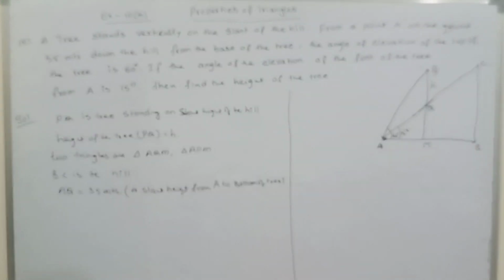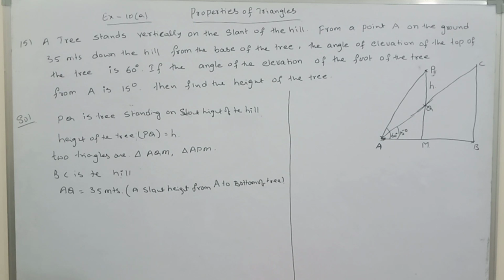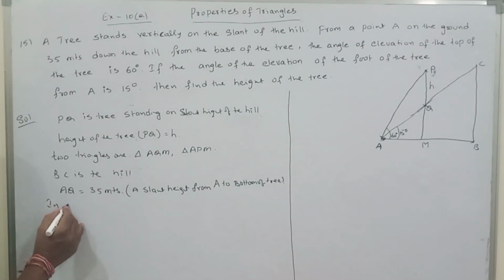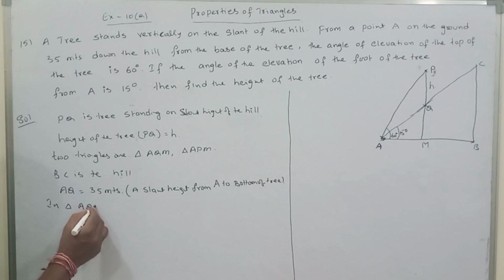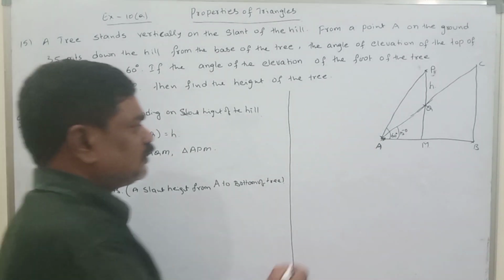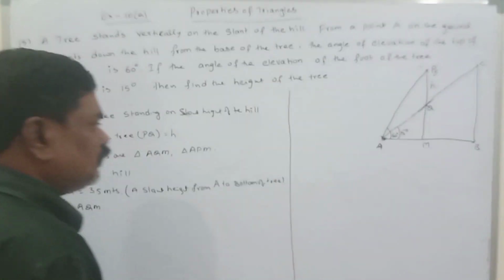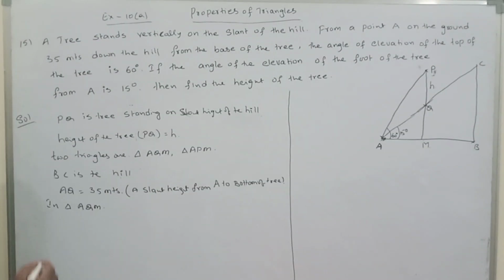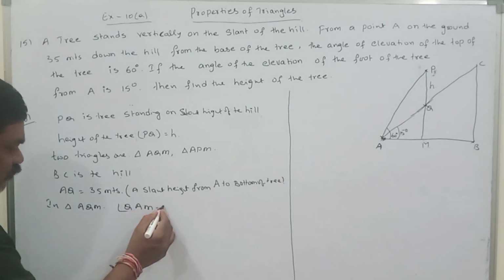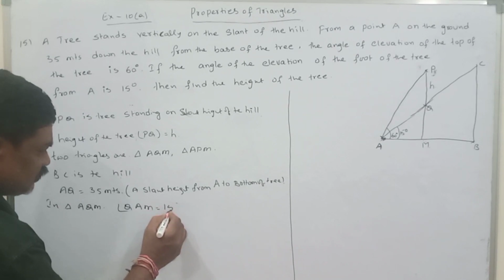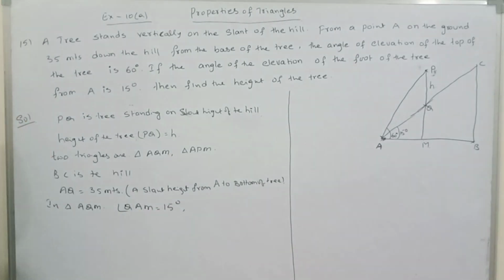So in triangle AQM, you take triangle AQM. Angle QAM is equal to 15 degrees, given.